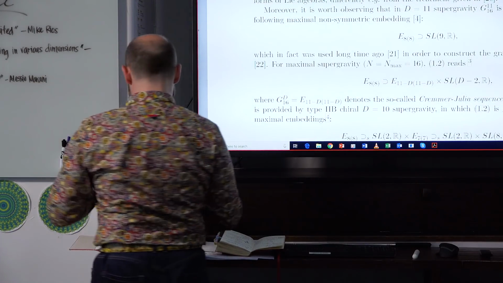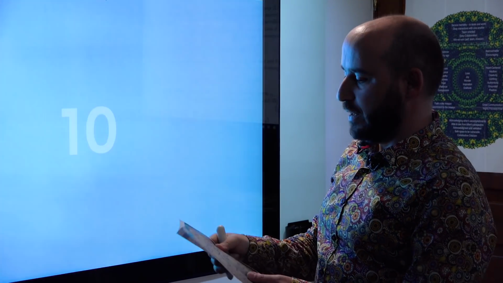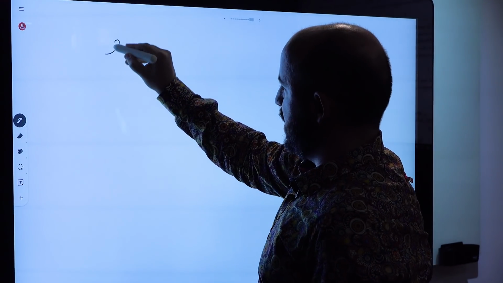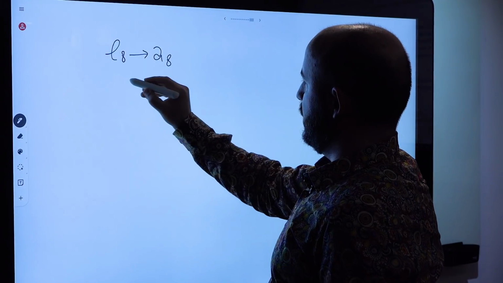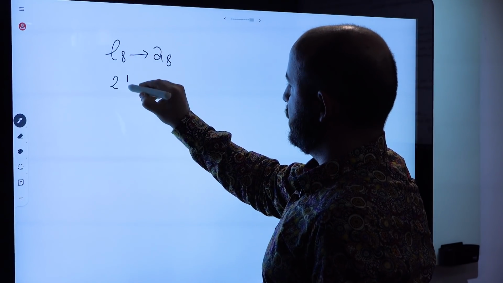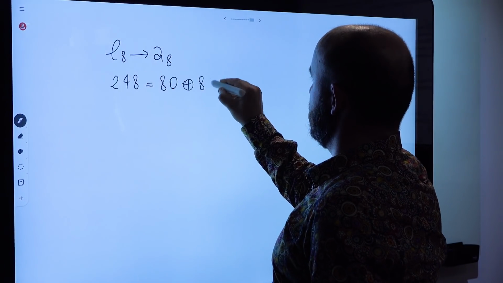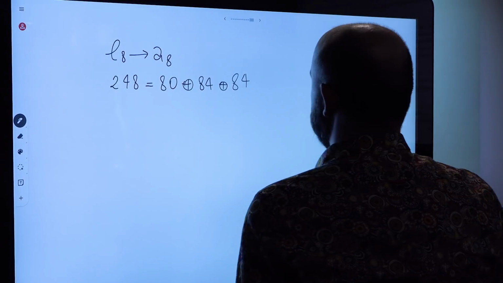Let me get back to this. So essentially, what I discussed so far is E8 breaking to A8. And at the level of representation, this is 248, 80 plus 84 plus 84. And I showed you all the structure of this decomposition.